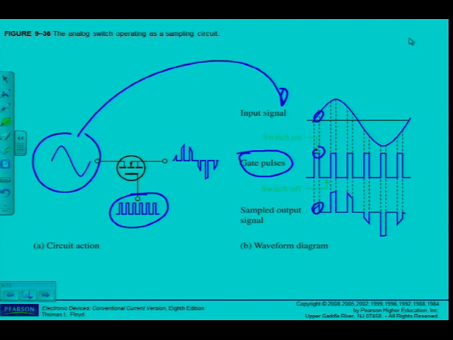Of course, when the gate pulse returns to 0, I can see also my sampled output signal returns to 0, until I get the next pulse, take the next sample, and I have the next sample output signal. And so I get samples of my signal passed through to the output of my analog switch.